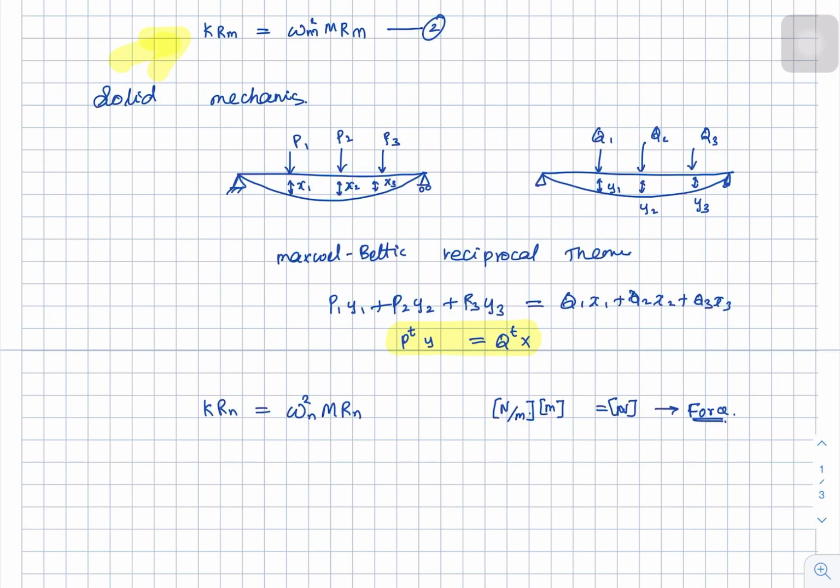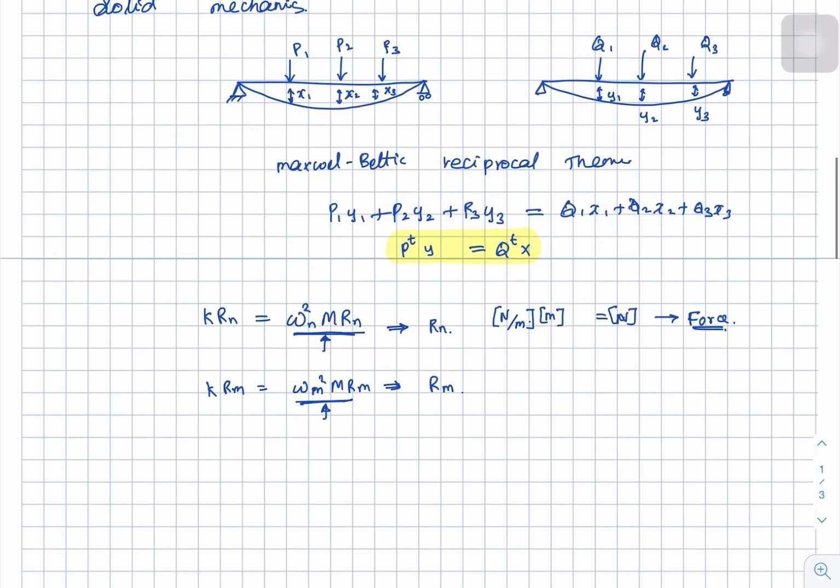So this is the force, and the associated displacement will be r_n. Another force will be K r_m, or omega m square M r_m, and the associated displacement will be r_m.